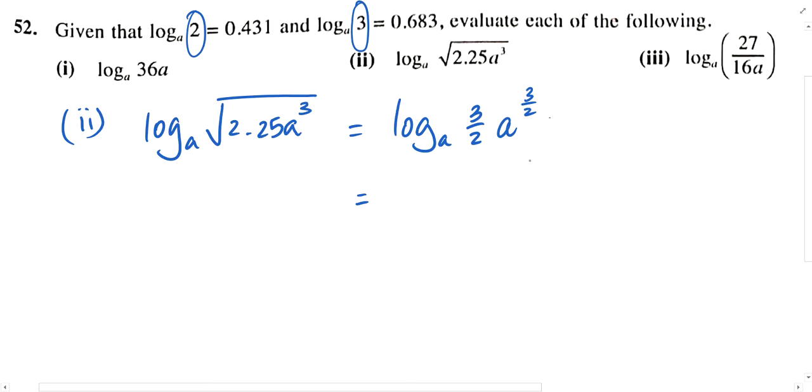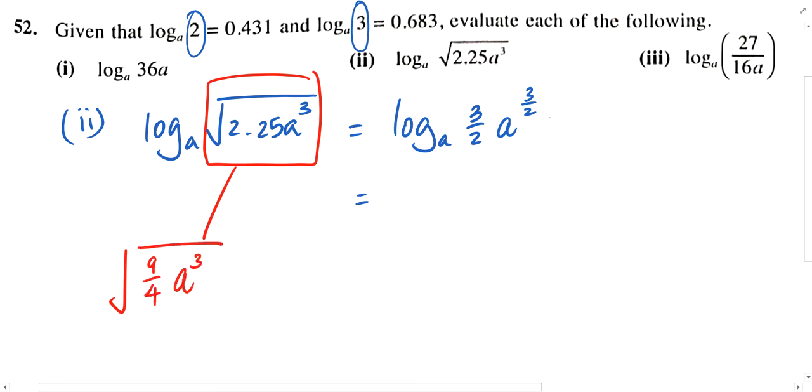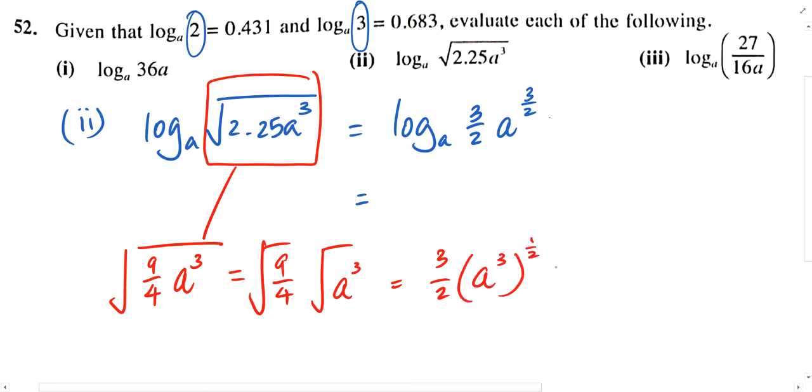Huh? What? Oh, how can it become like that? Because this part is square root of 9 over 4 a cubed, which is square root of 9 over 4 times square root of a cubed, which is 3 over 2 times a to the power of 3 to the power of half, which is 3 over 2 a power 3 over 2.